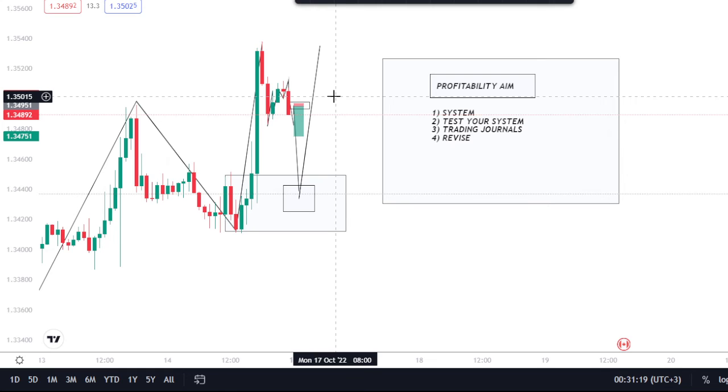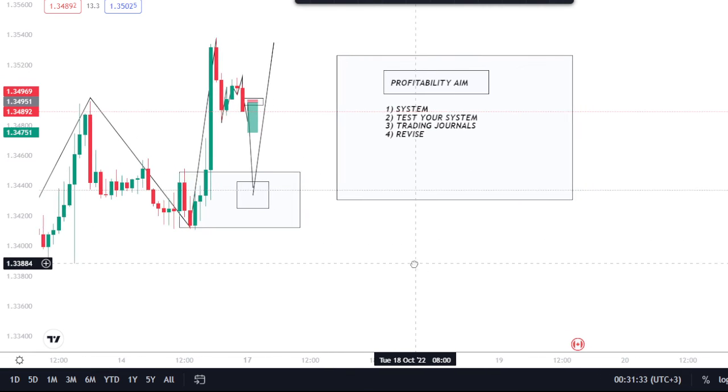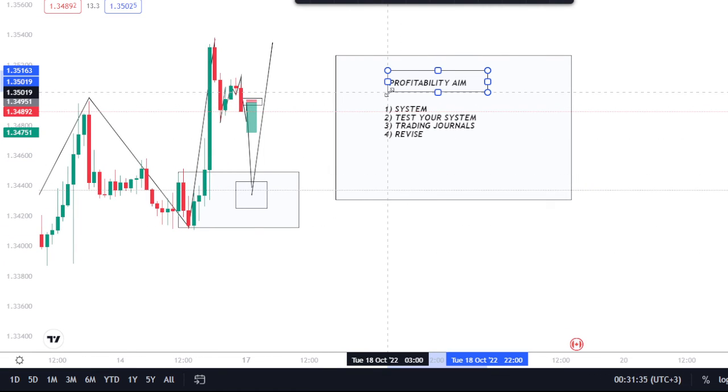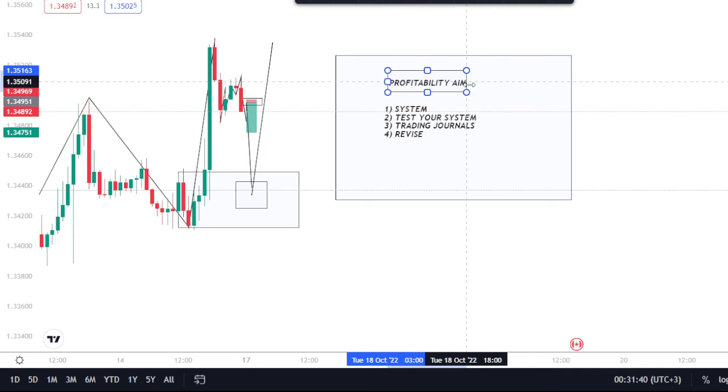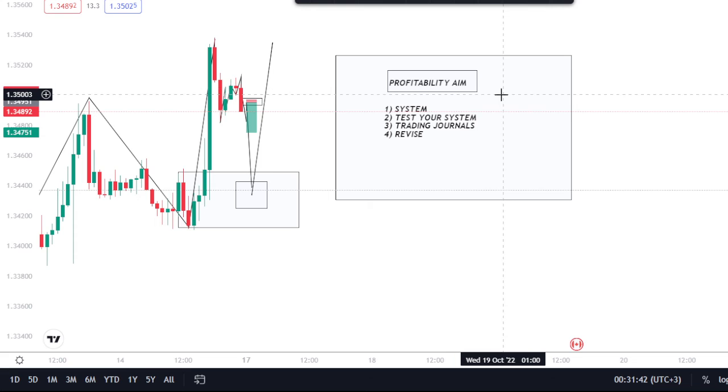Know the reason why I did that, so that if it appears next time, you just use the same concept. Now it becomes a system. You tested it, you are trading it, you are revising it. With doing that, that's how you start to become profitable and become a successful trader. Some people don't even need mentorship or the signals that people still look for. It's something that you do for yourself, that you strive for yourself to do. You understand?